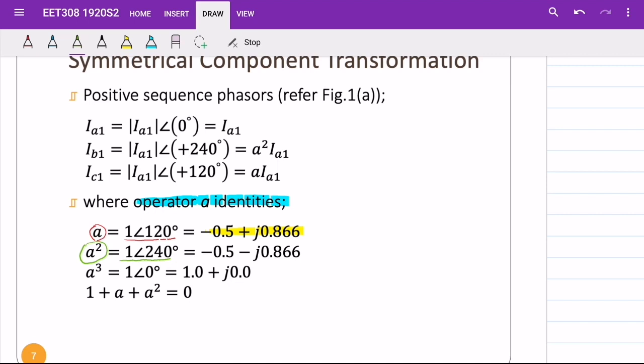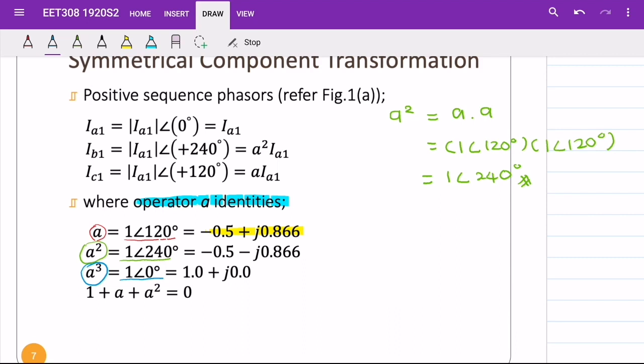So how do we get the value of a to the power of 2? a to the power of 2 is equal to a times a. So a is equal to 1 with 120 degrees times 1 with 120 degrees. So we will get 1 with 240 degrees. This is for a to the power of 2. The value for a to the power of 3 is equal to magnitude 1 with angle 0 degrees.